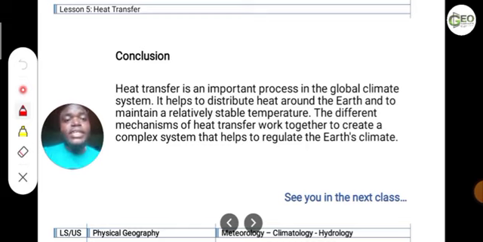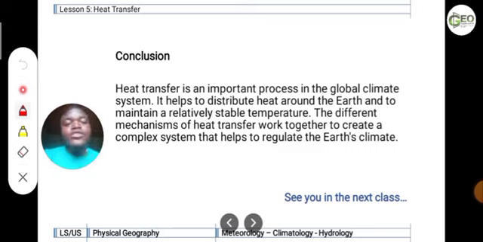But thanks to the fact that energy is being transferred, especially warm energy, moves from the equatorial regions, from the tropical regions towards the temperate latitudes and polar latitudes, temperatures tend to be moderated during those winter conditions. The different mechanisms of heat transfer work together to create a complex system that helps to regulate the Earth's climate.